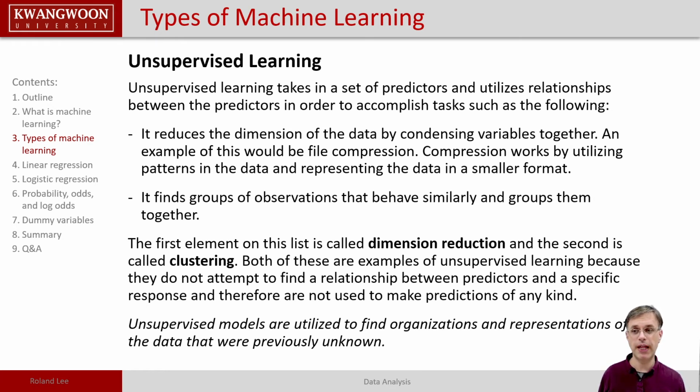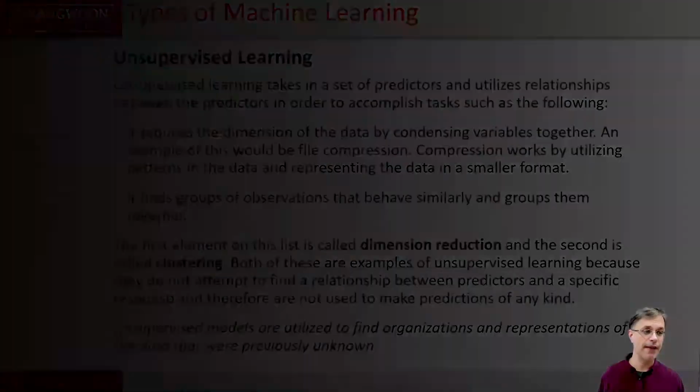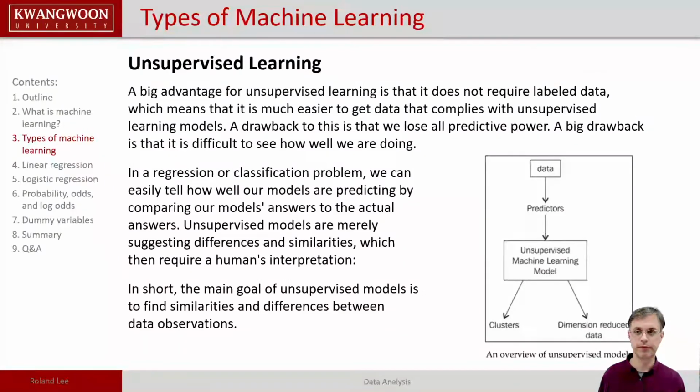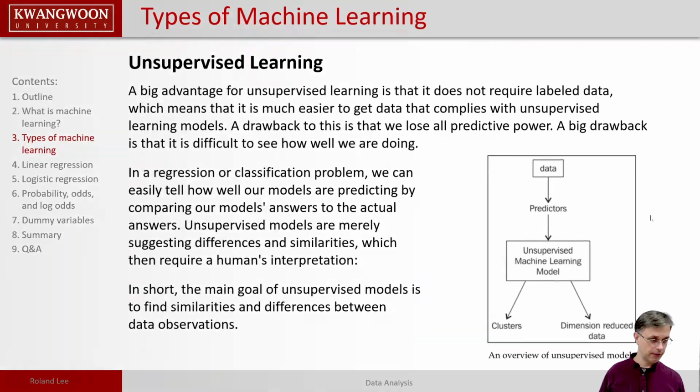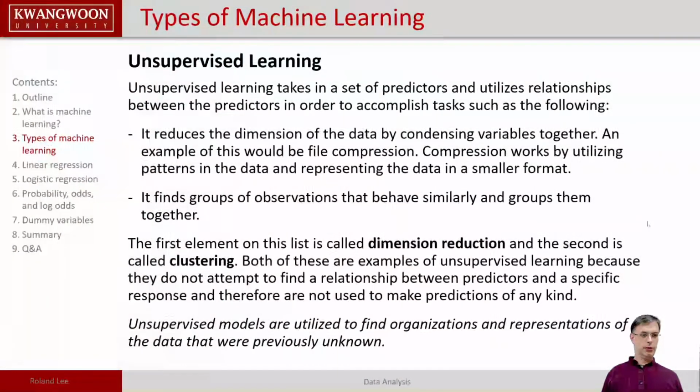Unsupervised models instead are utilized to find organizations and representations of the data that were previously unknown. The screenshot is a cluster analysis. Do we have it here? No. Okay.